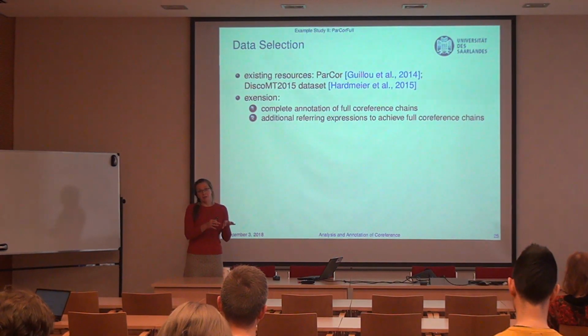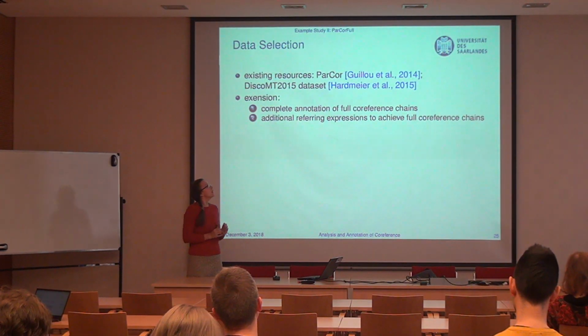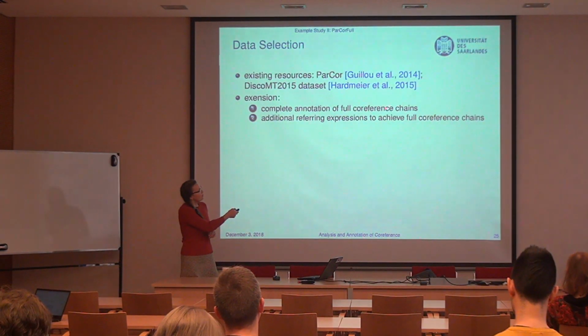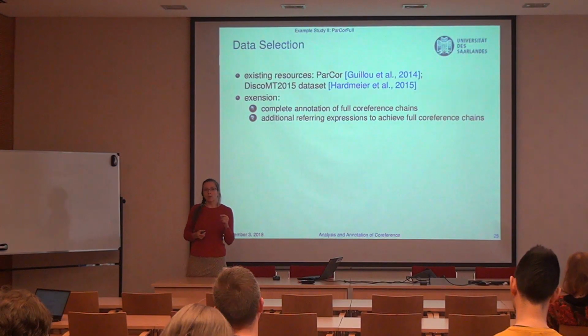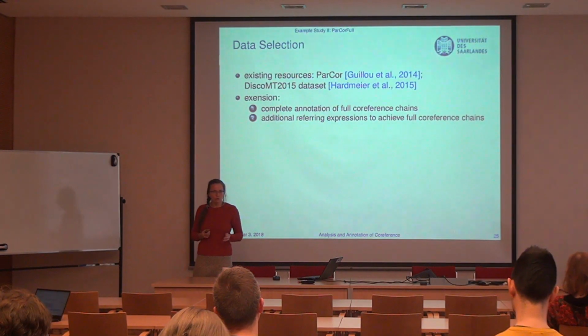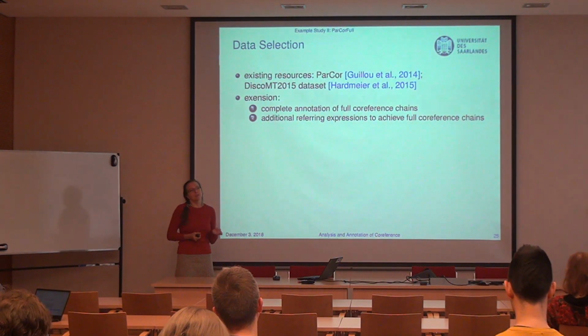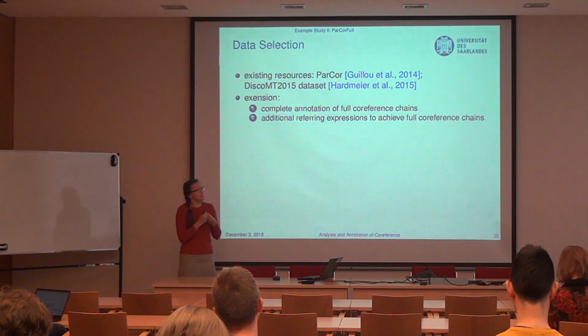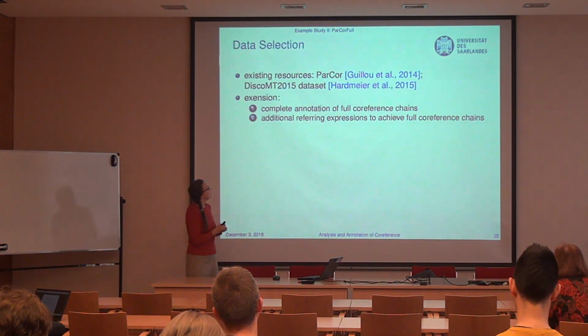And we said, okay, let's take this data as well and add it there, so that we need, first of all, to complete annotation of full coreference chains. In PARCOR, there was annotation of pronouns and some nominal phrases, but no substitution, for example, no event anaphora. So our task is, first of all, to extend the chains and also to extend the data.